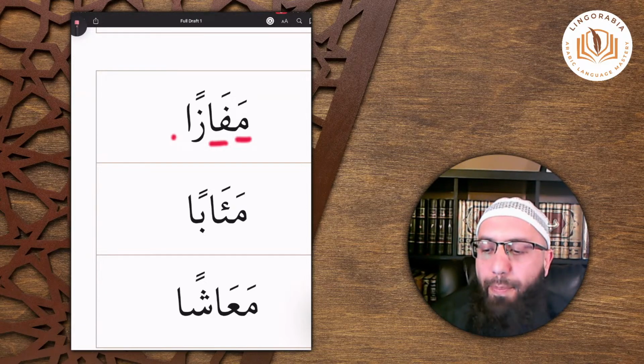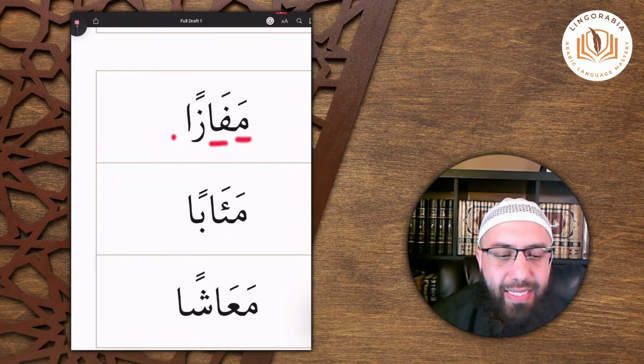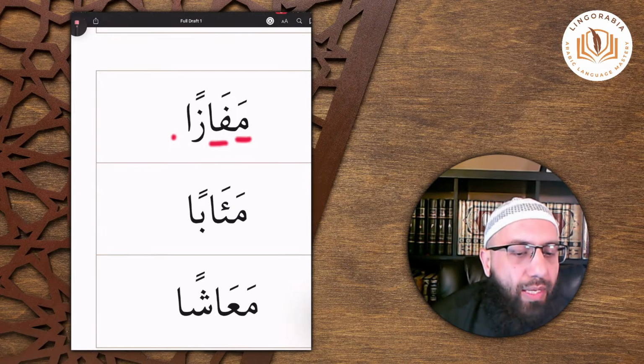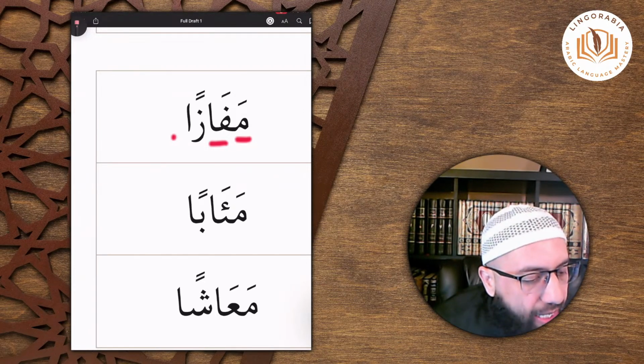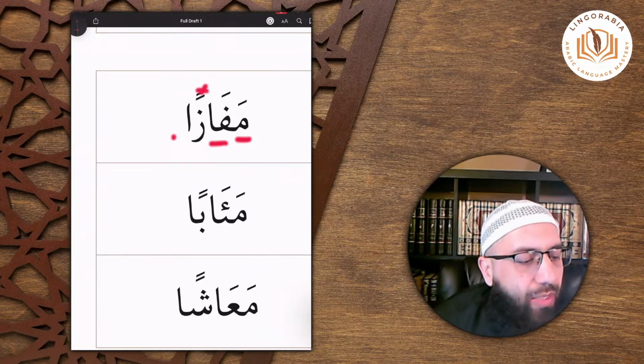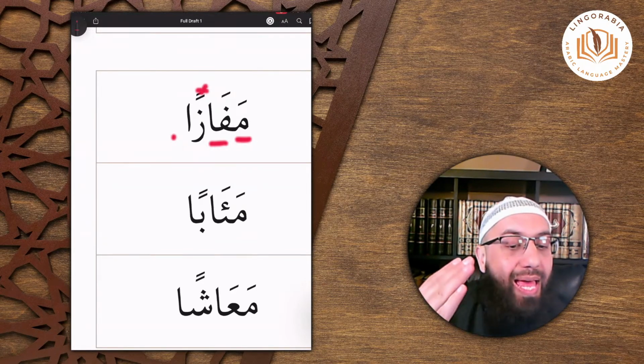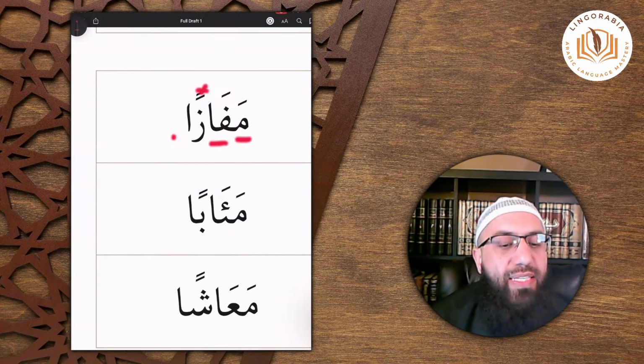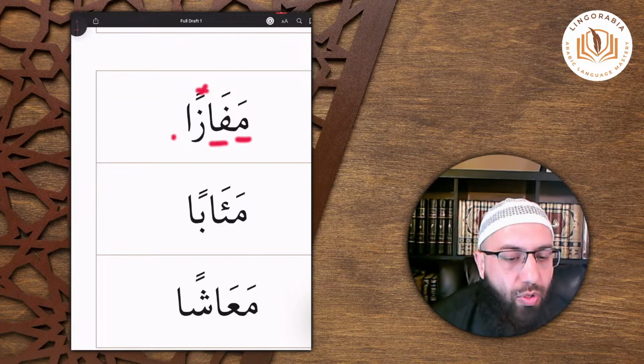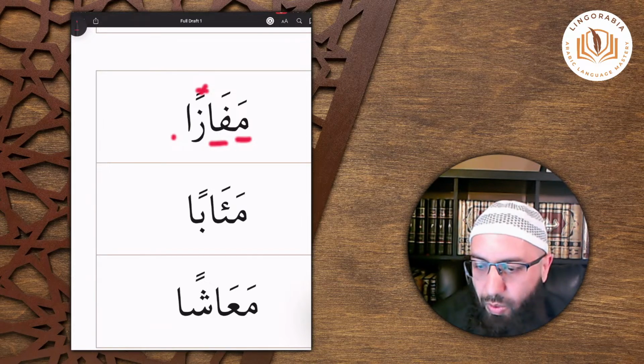If we would stop, how would we read this, guys? Yes, correct. We drop the tanween, and we read the zay with the fatha and the alif. So we read za, mafaza. Very good. Good job, guys. MashaAllah. Well done.